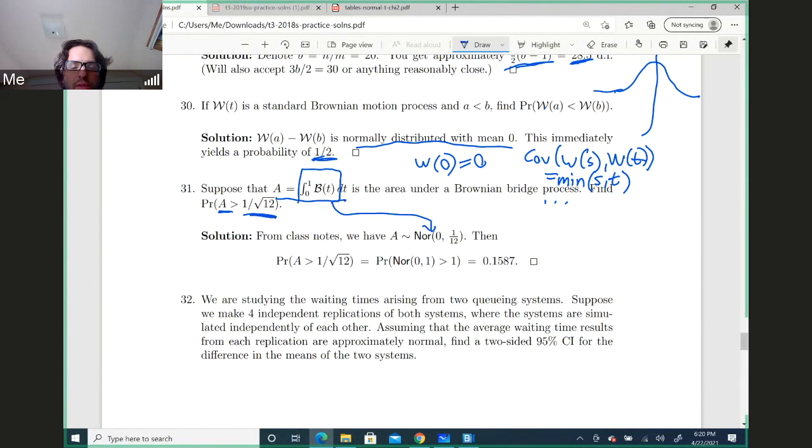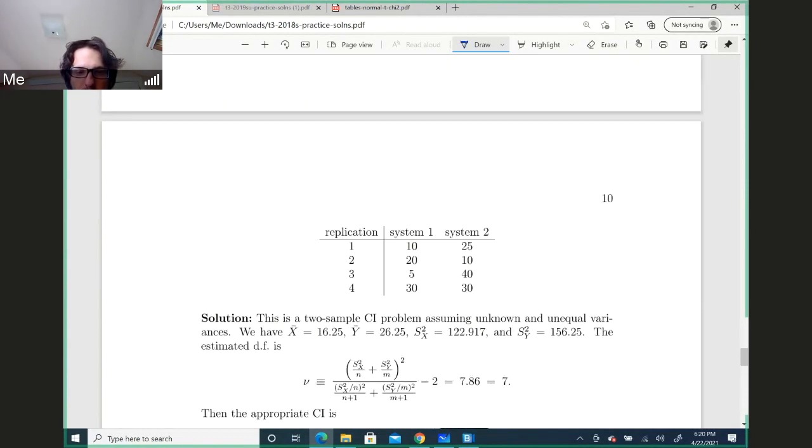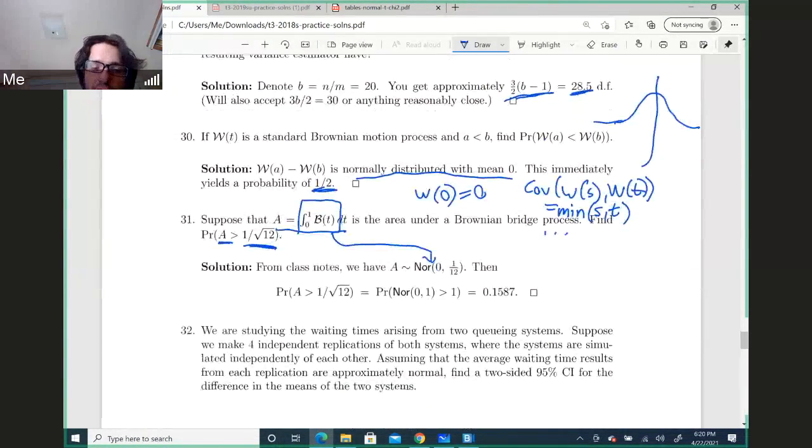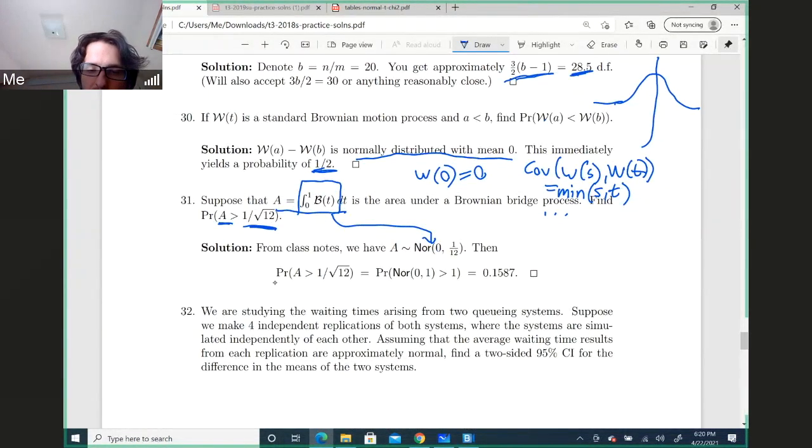And that's where you can do that whole z-score thing to transform this probability, where you have A is greater than this, into a probability that uses the standard normal random variable. And once you do that, then you look it up in the table and you get your answer.